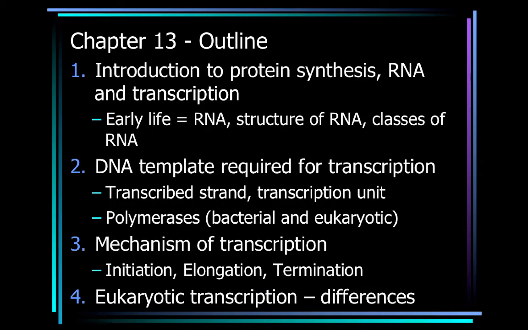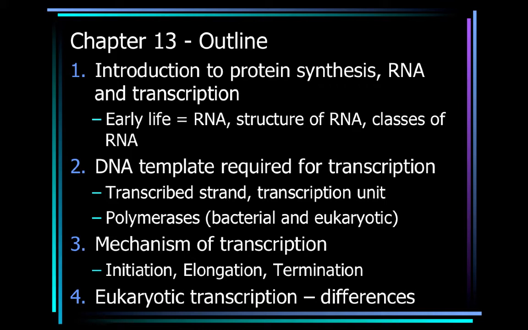The way that we are going to work through this chapter is, first of all, we're going to talk a little bit about what protein synthesis is and the role of RNA and transcription. We're going to mostly focus on the RNA structure being the primary source of genetic information early in life.